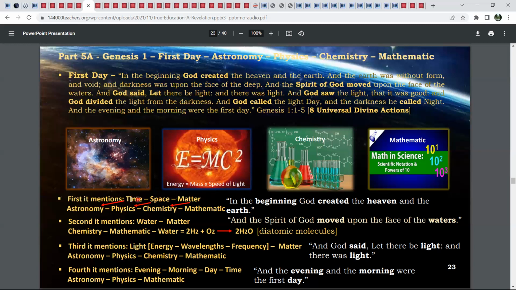The science of time is astronomy. The science of space is physics or astrophysics. And the science of matter is chemistry. But in order to be able to explain these wonderful sciences and use them, we need the science of mathematics. So in 10 short words, we have here so many beautiful truths. If you calculate them, you will end up with 10 universal laws altogether. This is how the Word of God is written.